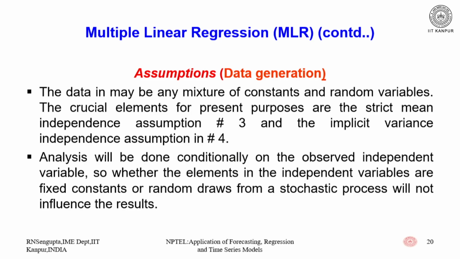The crucial assumptions for present purposes are the strict mean independence assumption, which is number 3, and the implicit variance independence assumption in assumption 4. Assumption 4 was just the previous one, where the concept of non-autocorrelation was discussed, that means they are not dependent, correlation is 0.